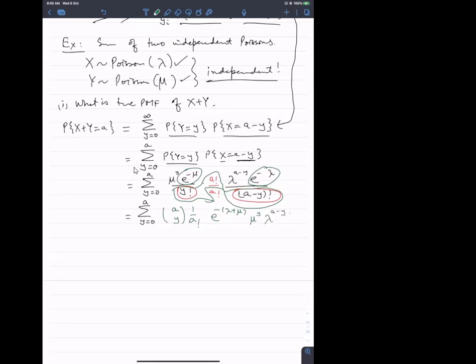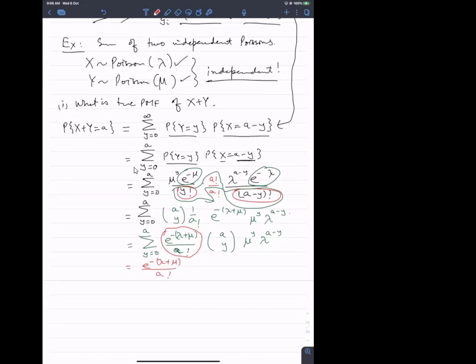Now I'm going to write this as summation y equal to 0 to a, e to the minus lambda plus mu divided by a factorial, and then a choose y, mu power y, lambda power a minus y. The first term has no y in it, so I pull it out of the summation: e to the minus lambda plus mu divided by a factorial.